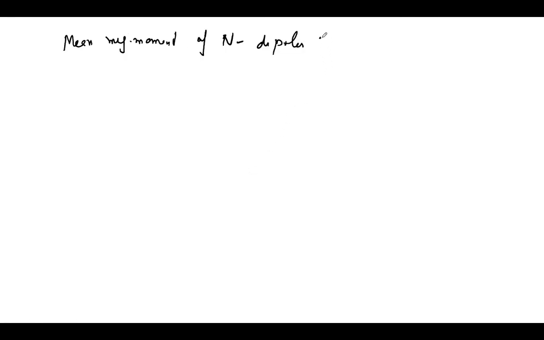We have represented this as Mz, and similarly for the magnetic moment of one dipole, if I divide this by N, we generally represent it as mu z bar.